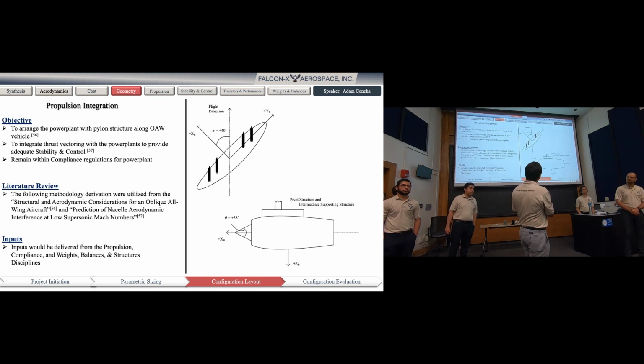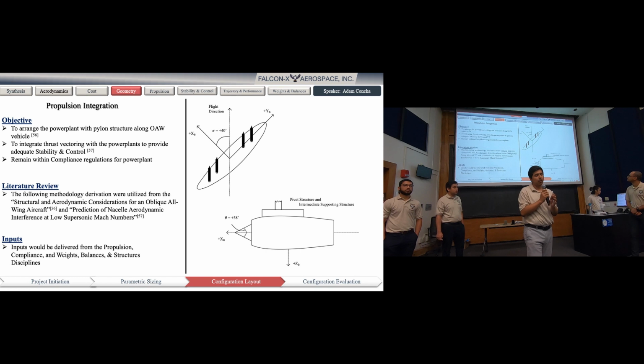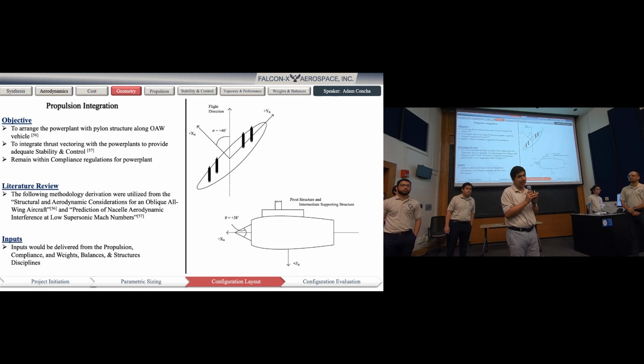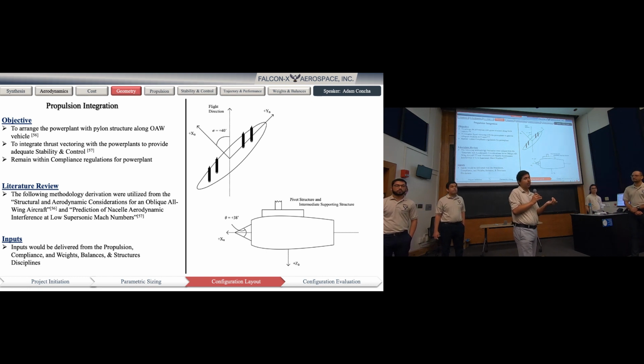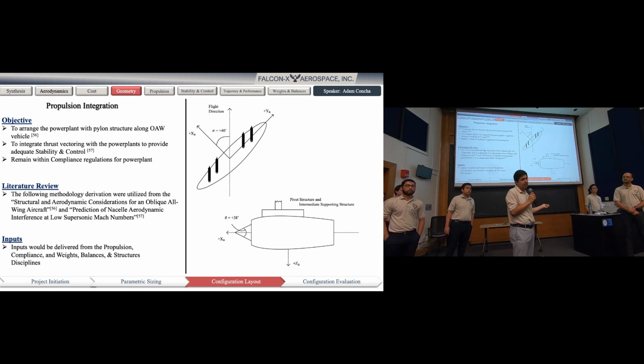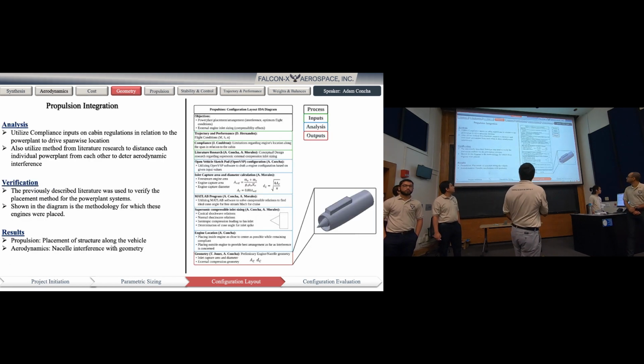So they would need to be placed in such a way that they are a function of the span-wise distance of the cabin span, as there's a compliance regulation where it needs to be such distance from that, as well as for weights and balances, the chord-wise placement forwardmost of 20% to allocate for the accurate CG location that weights and balances would need to determine. And that's the geometry there.